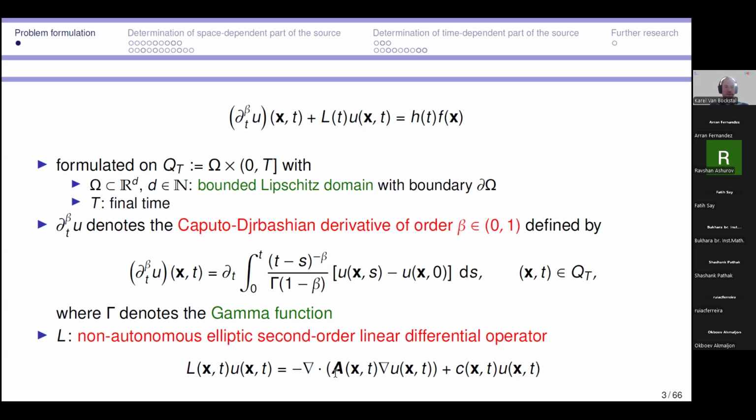It means that the coefficients in the problems we have considered are also depending on the time variable. So I work on a bounded domain Ω with Lipschitz boundary. The results are valid in general dimensions, and capital T denotes the final time.